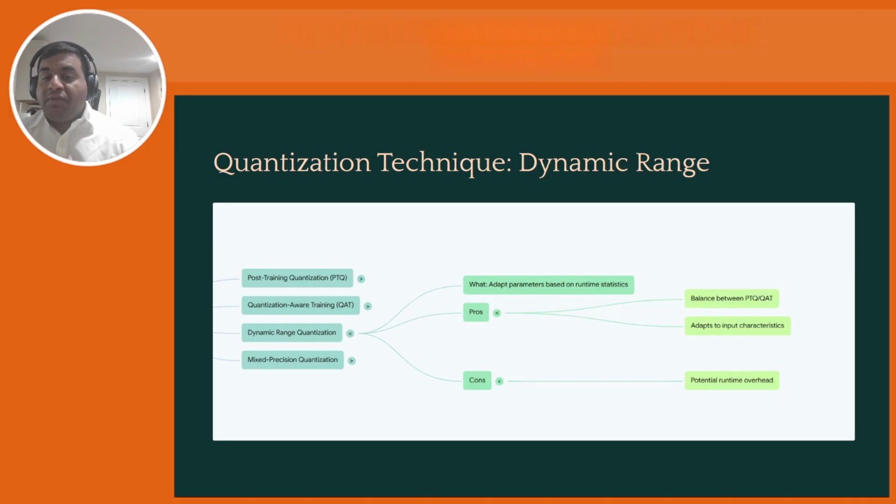Its pros are that it often strikes a good balance between the accuracy of QAT and the simplicity of PTQ, and it adapts better to varying input characteristics. It can also reduce memory bandwidth requirements. The main con is the potential for some runtime overhead due to this dynamic calculation during the inference stage, which might increase the computation footprint of the edge deployed models.